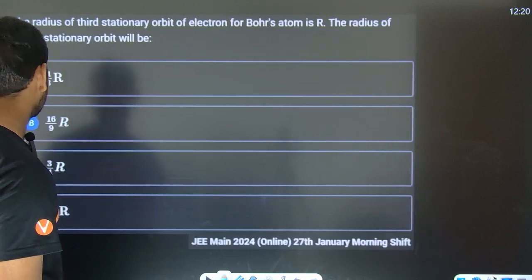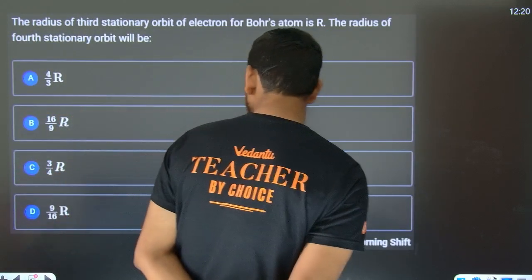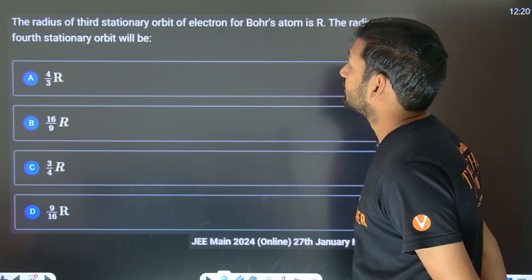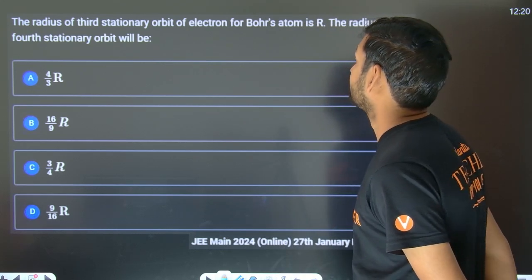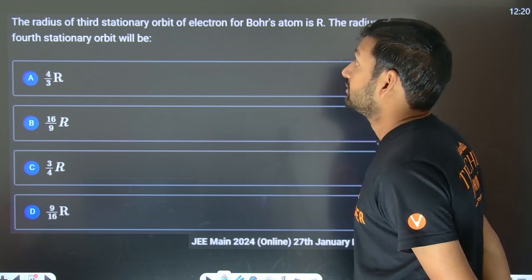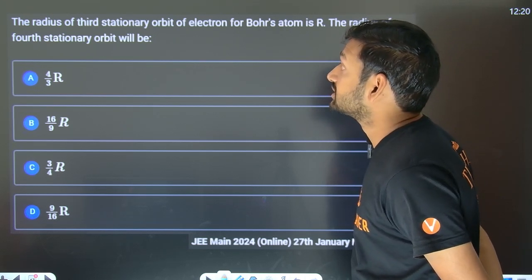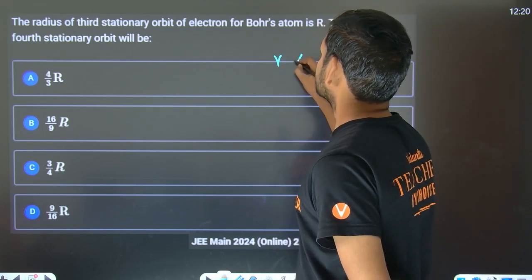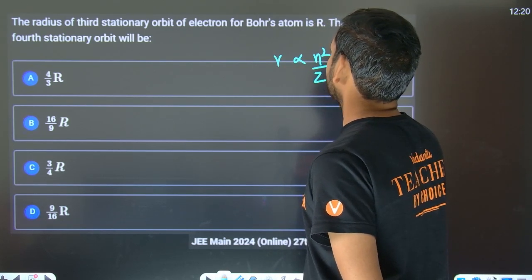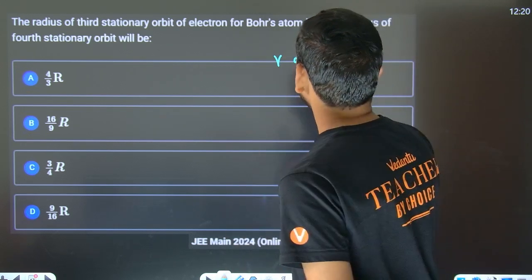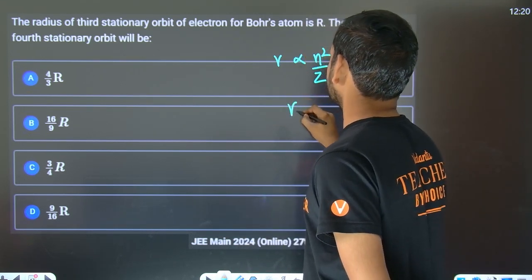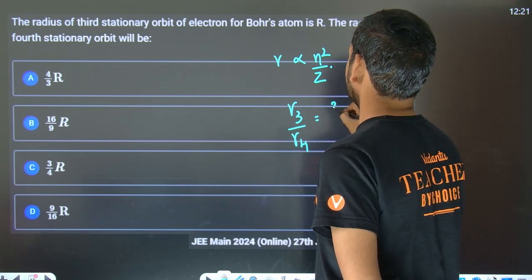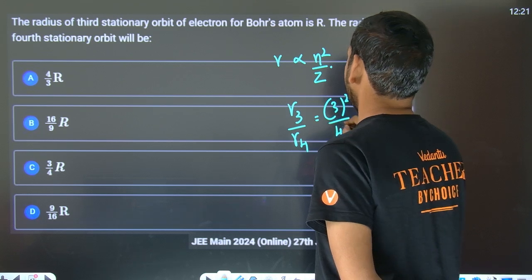Next. I think mostly we are at the end. Around 40-50 questions were only there. Radius of the third stationary orbit of an electron for Bohr's atom is capital R. Radius of the fourth stationary orbit is, we know that the radius is proportional to n square by Z. So R3 by R4 will be 3 square divided by 4 square.